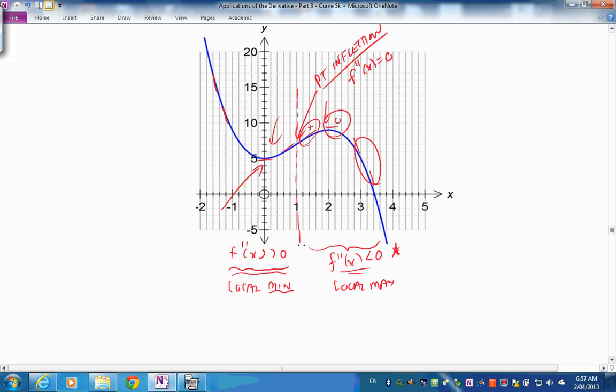Well, here we're saying the second derivative is positive on this side and negative on this side. So somewhere in the middle, the second derivative must go 0. It's got a sign change. Getting a sign change from a positive, which is what it was in this region over here, to a negative. So in the middle there, that point of inflection is detectable by finding where the second derivative is 0.